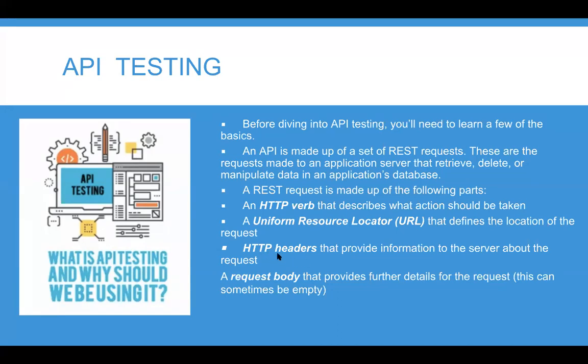Now, there are things called headers that provide information to the server about the request. We'll come into that in a short while. And then we have a request body that provides further details for the request. This can sometimes be empty. So we've spoken about the verb.